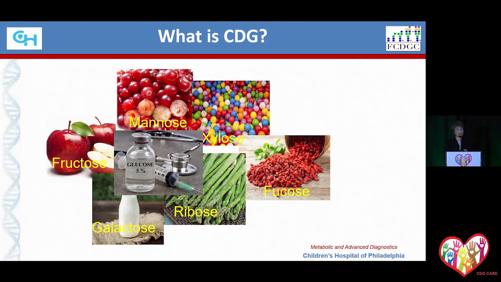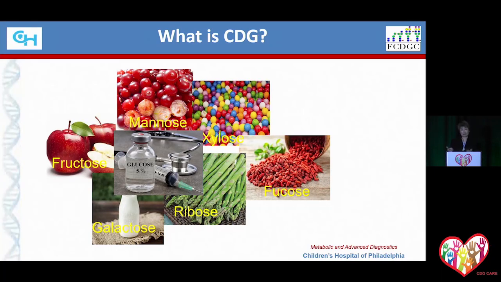Why is that? Because as humans, we can make any kind of different sugar that we want from glucose. So if you have a child that cannot make any of those sugars from glucose, then you have a CDG.